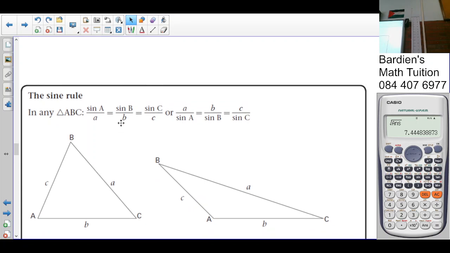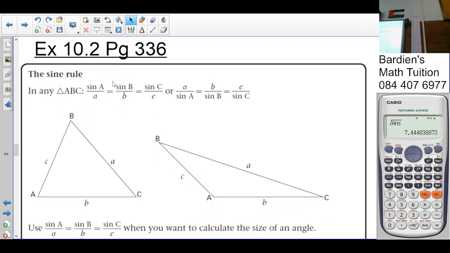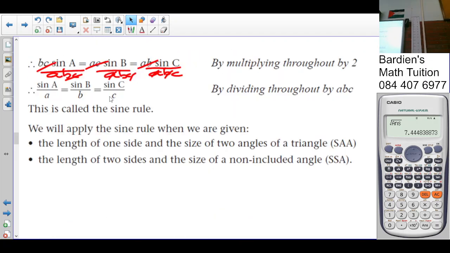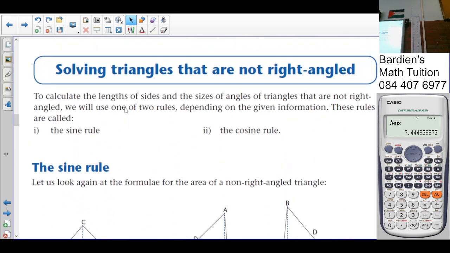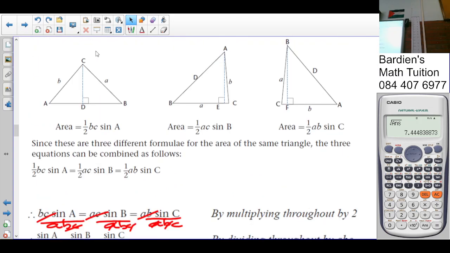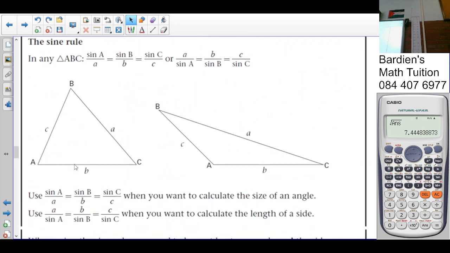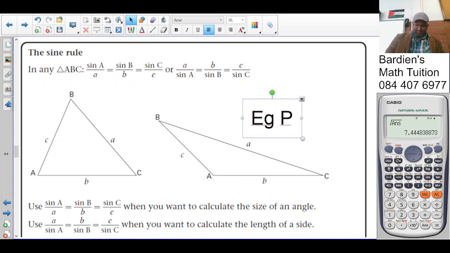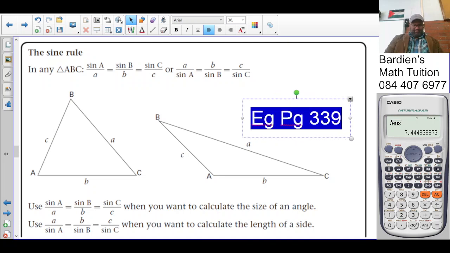So here we are told the sine rule. This is not 10.2. Why am I throwing this down? What's wrong with me? People, which page is this on? Explanations on page? Sorry? 339. Why did you tell me I'm on the wrong page?